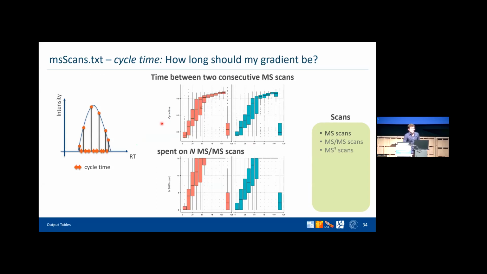You might also want to look at information about the cycle time. So what's the cycle time? We have here one of these peaks in the retention time. We had these 3-dimensional peaks, and this is now basically a projection in 2 dimensions where we just look at the retention time. And what we do if we do data dependent search is that basically your window goes from peak to peak depending on your settings.